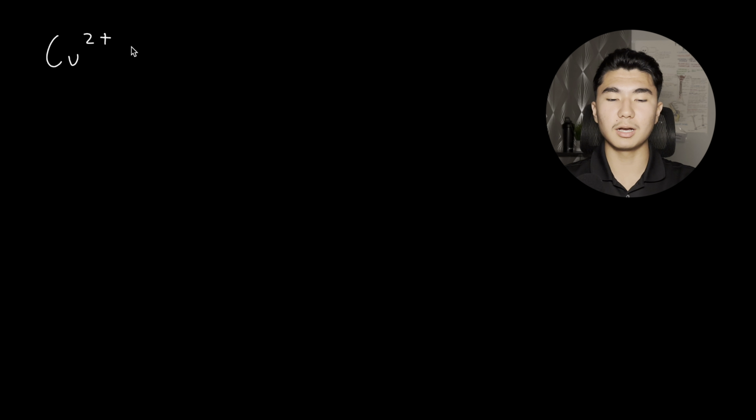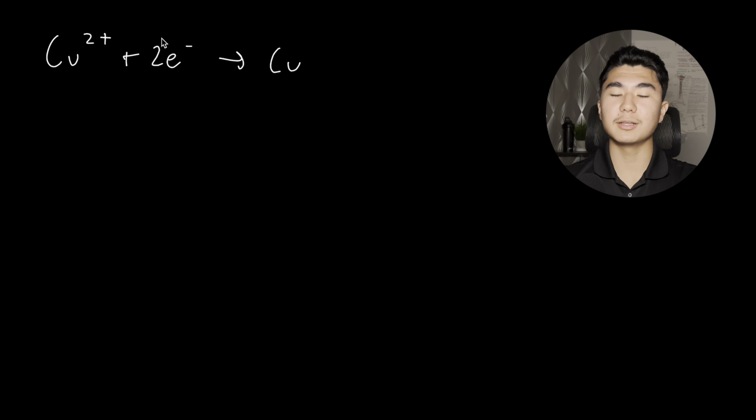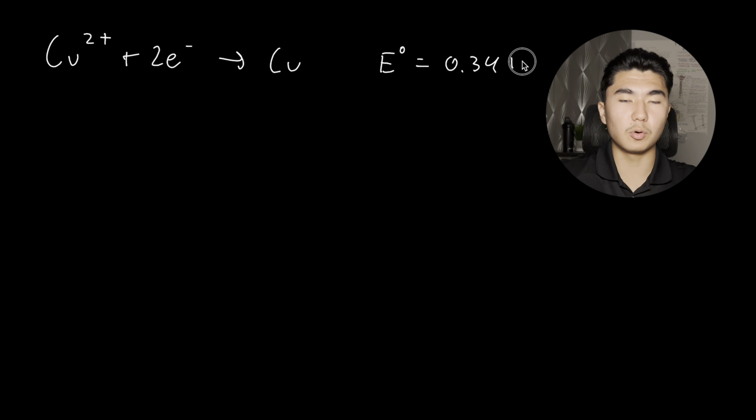For this example, let's say we have Cu2+ plus 2 electrons equals Cu. I'm not going to write the physical states. As you can see, when we add 2 electrons, they cancel out the positive charge, so we're neutral. Our standard reduction potential here is 0.34 volts.